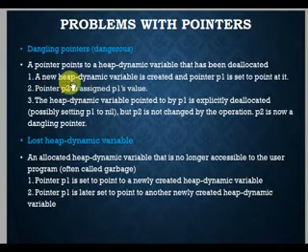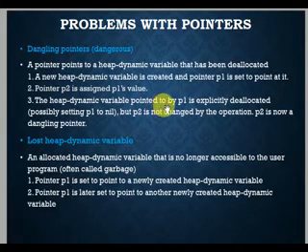A new heap dynamic variable is created and pointer p1 is set to point to it. Pointer p2 is assigned p1's value, but the heap dynamic variable pointed to by p1 is explicitly deallocated.